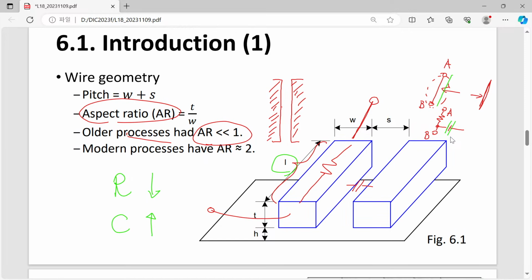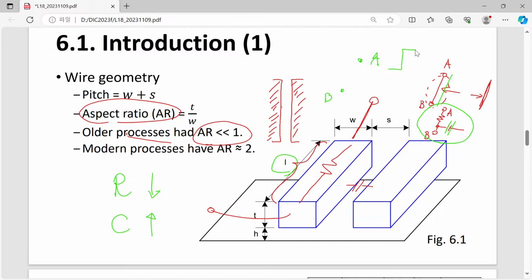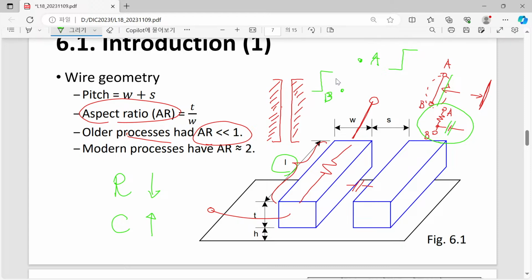And please note that since we are working with this kind of view, between A and B, when you increase your A voltage VA from 0 to VDD immediately, then there will be a certain delay to have also a VDD signal.